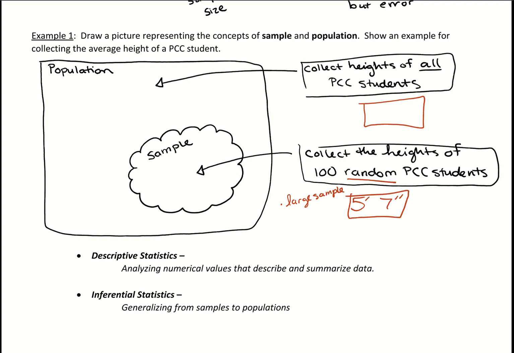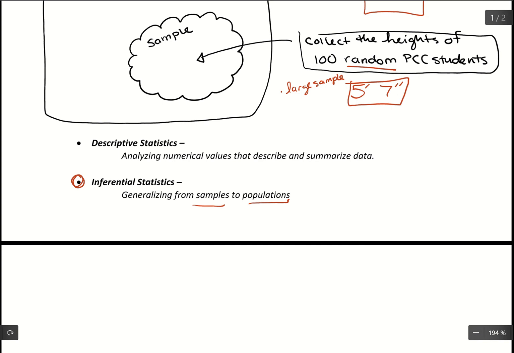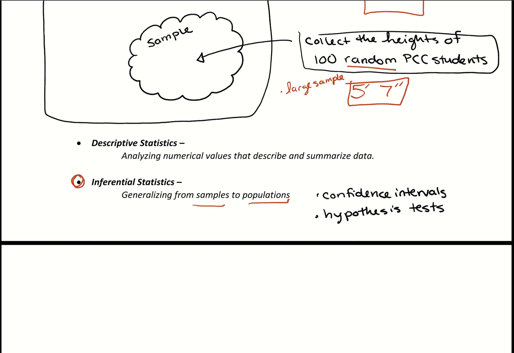So this is where we get into something called inferential statistics, which we talk about down here, which is the idea of generalizing from samples to populations. And what we do in those sections is we start with something called confidence intervals, which is closer to the end of the term. And then we do something called hypothesis tests. But both of these use just sample data to talk about what's happening in the population.